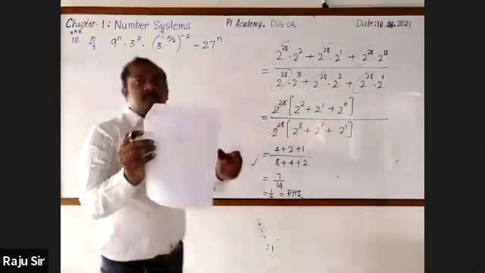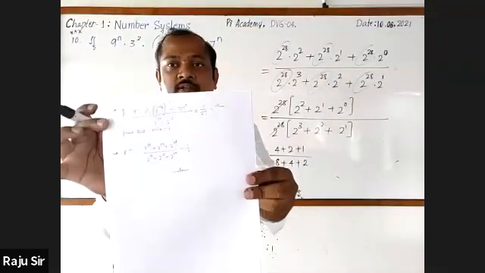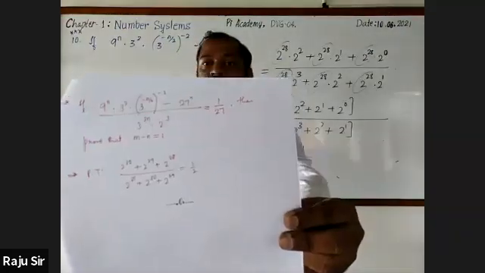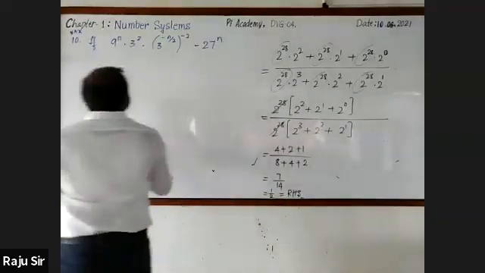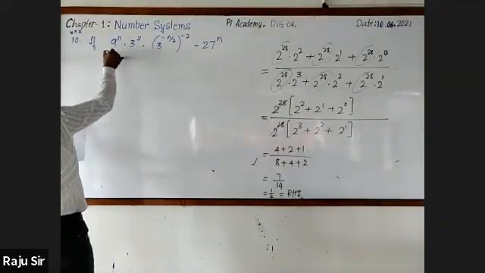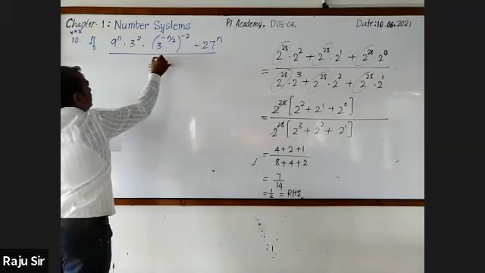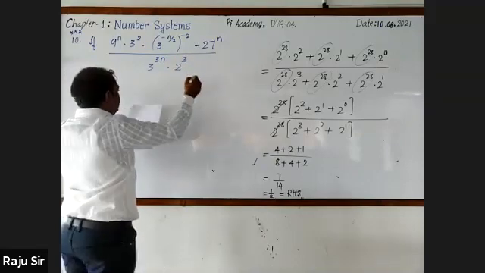See, I too have written it. It was given in the examination. I'm going to give you the same. Whole divided by 3 raised to the power 3n into 2 raised to the power 3.